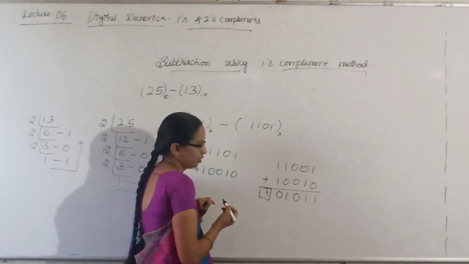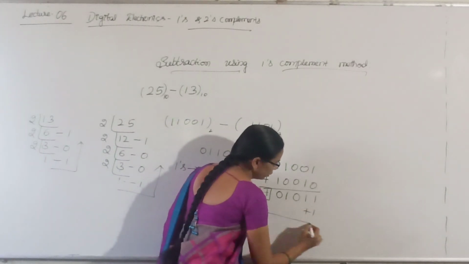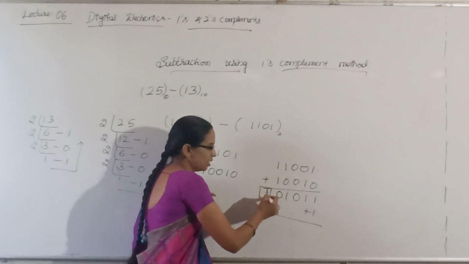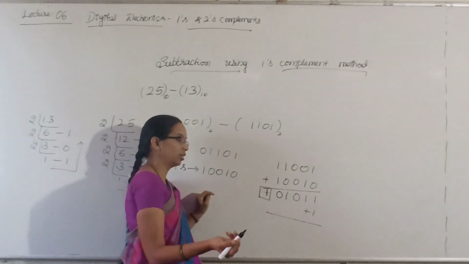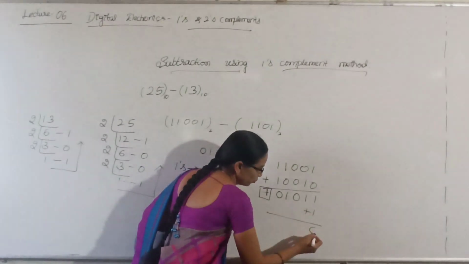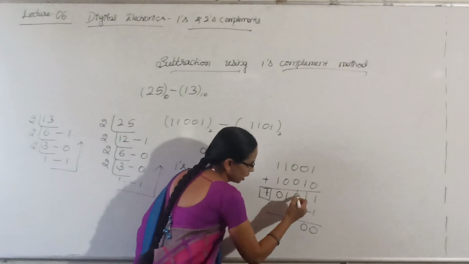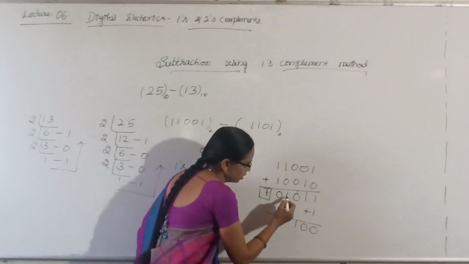This carry I will remove and add 1 here. Or you can add this extra carry here, you can assume it like that also. Add it. 1 plus 1 is 0, carry 1, 1 plus 1 is 0, carry 1, that will be 1 plus 0 is 1 and 1.